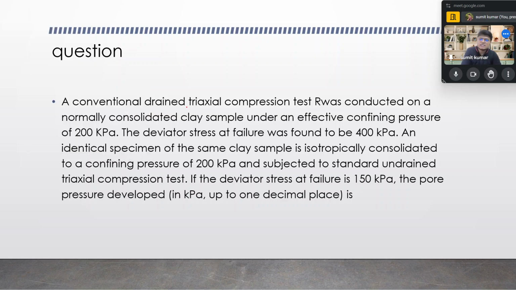The question is saying that a triaxial test is conducted on a normally consolidated clay. Normally consolidated is an important word. Drained triaxial is also an important word, because on that basis we will take care of the pore water pressure. Confining pressure of 200 kPa means the value of sigma 3 is 200.